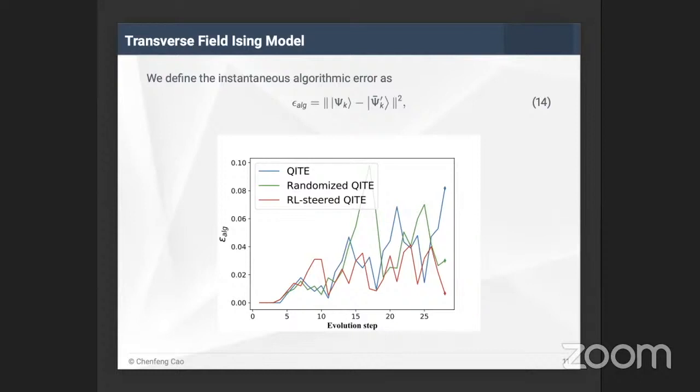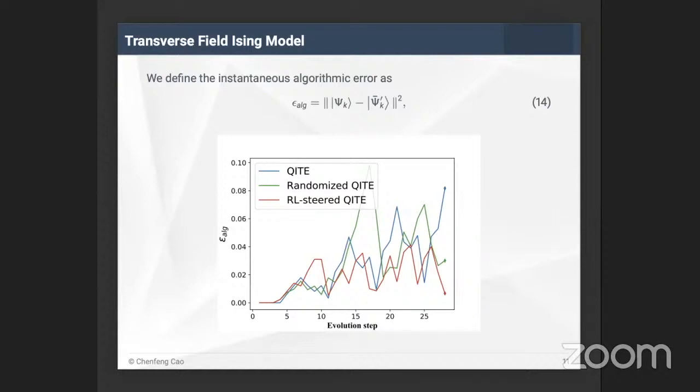The X label is the evolution steps, and the Y label, epsilon, is the algorithmic error. In standard QIT, denoted by the blue line, the error accumulates and eventually climbs to a very high level. Although it fluctuates, there is an obvious trend of accumulation.